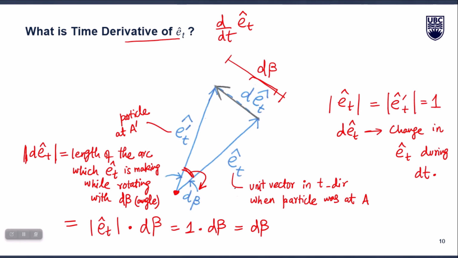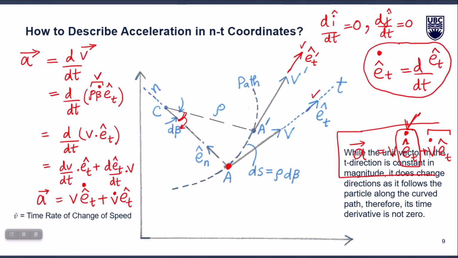So I again go back to the figure, and you can see that I start the E sub t vector from a point, I start the E prime sub t vector from the same point, and then draw the difference. The difference is pointing towards the center of curvature or towards the n axis, right.